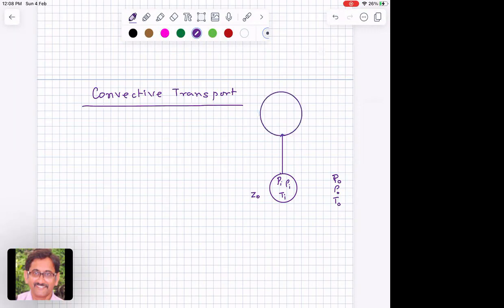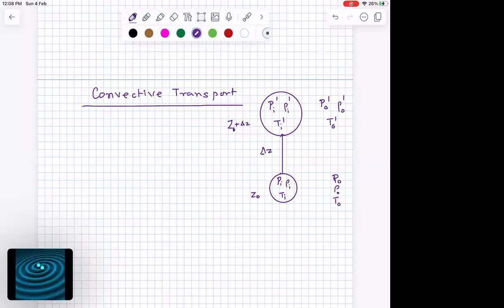I say that the pressure inside is Pi prime, the density is rho i prime, the temperature is Ti prime, and at this height, which is Z0 plus delta Z, the pressure outside is Po prime, the density is rho o prime, and the temperature is To prime, and this distance is delta Z. Is the description of the system clear? Yes, sir. Okay. Fine.